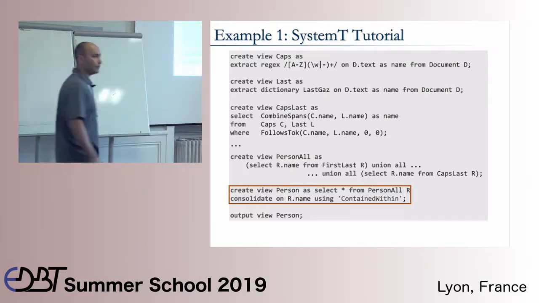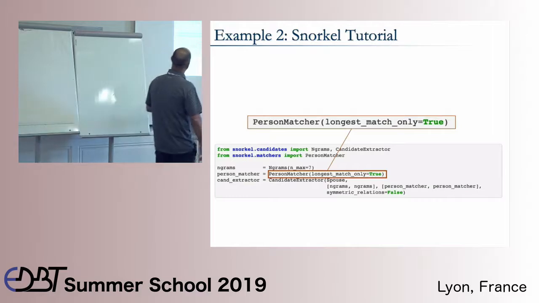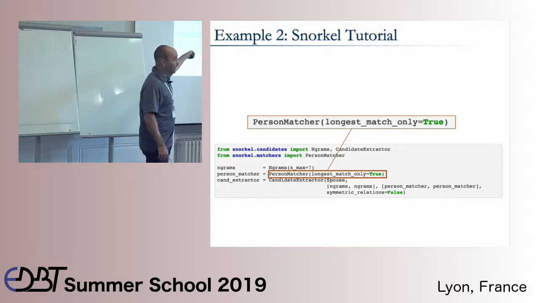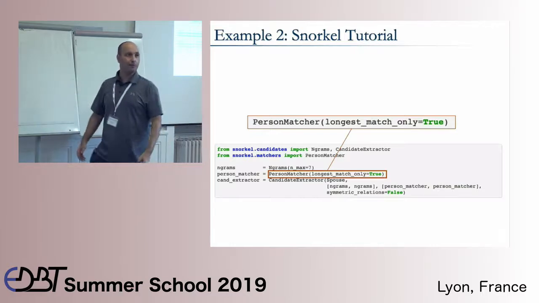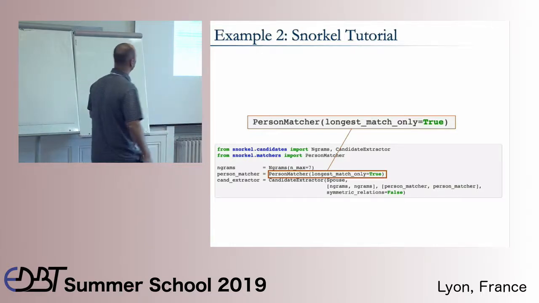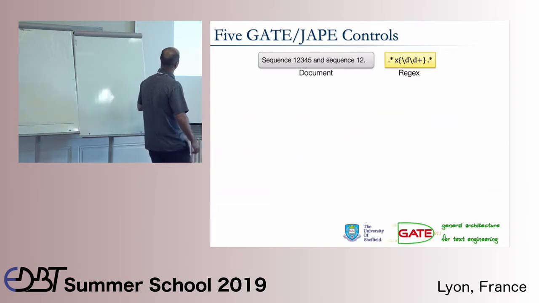This is what this consolidator is doing. In the Snorkel tutorial, you can actually find this rule being used in the person matcher, with the parameter longest match only equal to true. Okay, so it's also one of the toolkits for writing the rules.